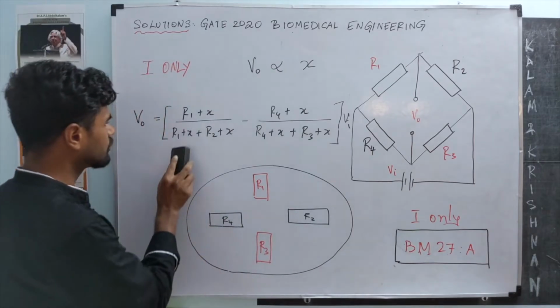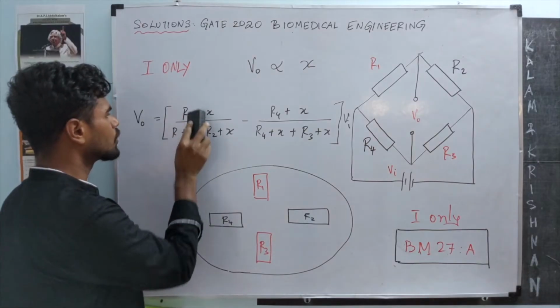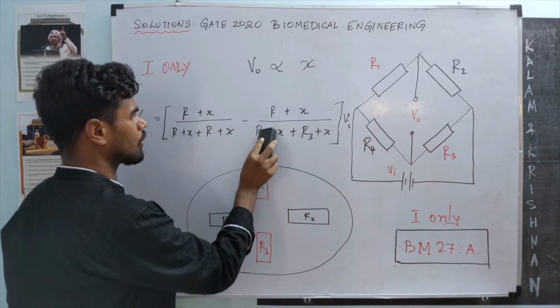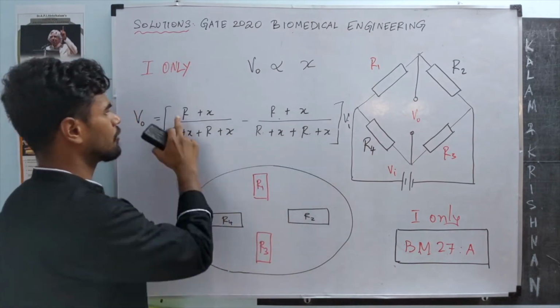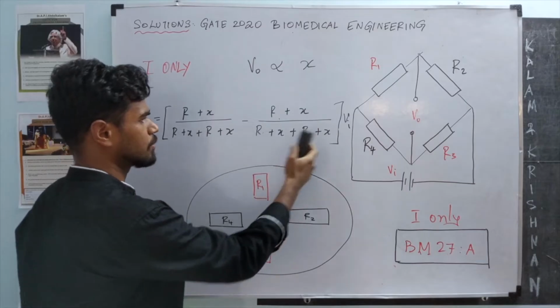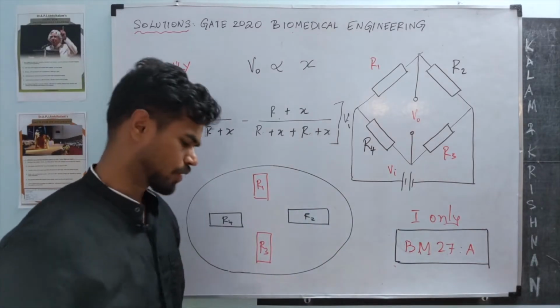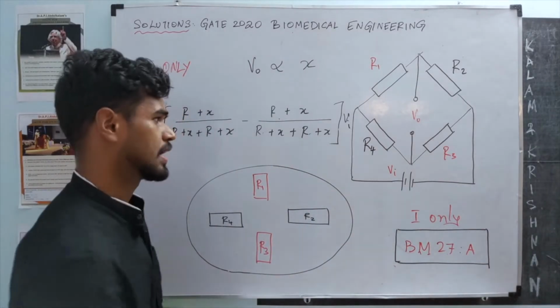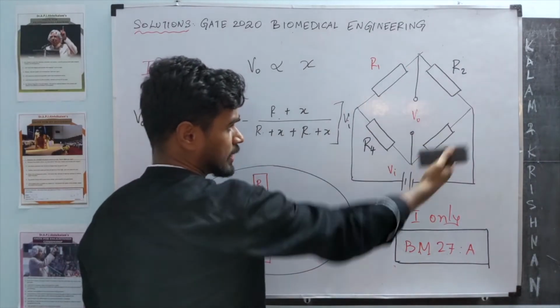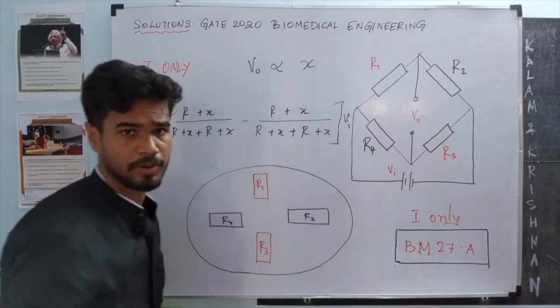So I'm going to remove these differences. So we have R plus X by R plus X, R plus X, R plus X by R plus X, R plus X. One way to justify this assumption is, given any 4 resistances, this circuit should work. I might as well pick a special case where all resistances are equal.